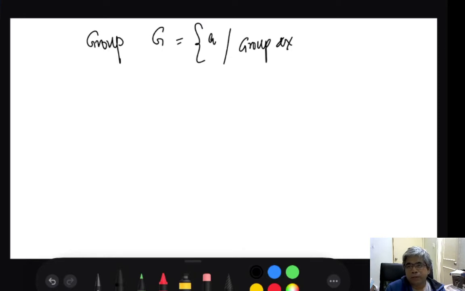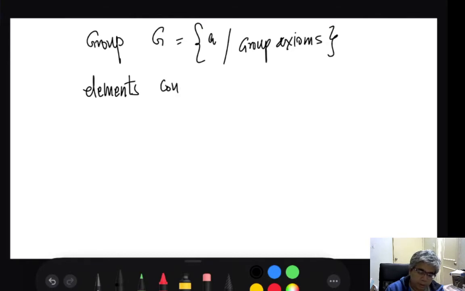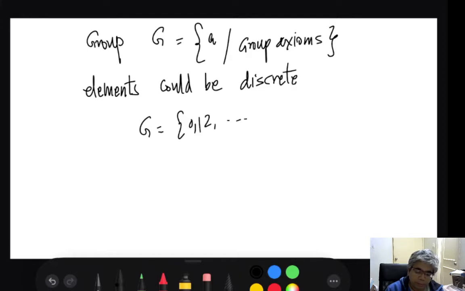If the group elements are discrete, in that case, for example, G would be something like 0, 1, up to n.